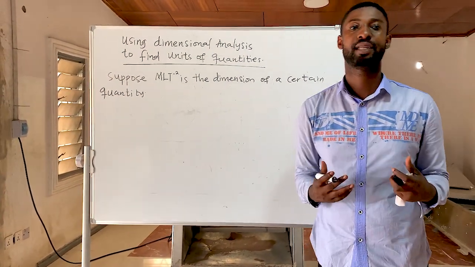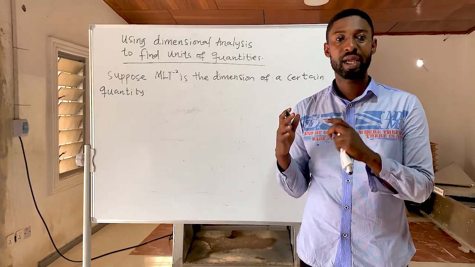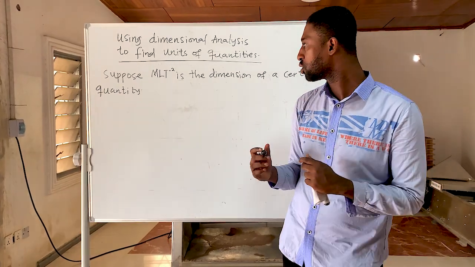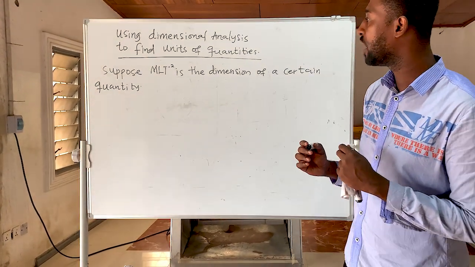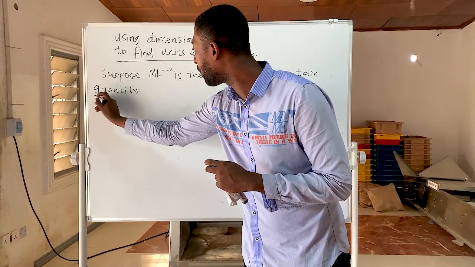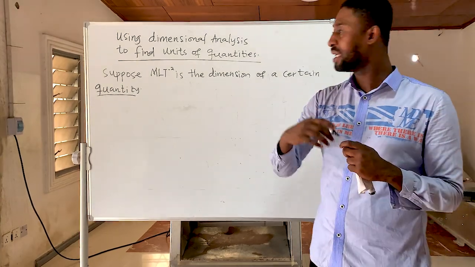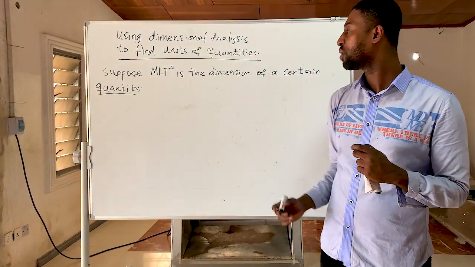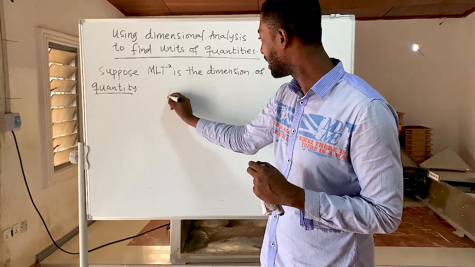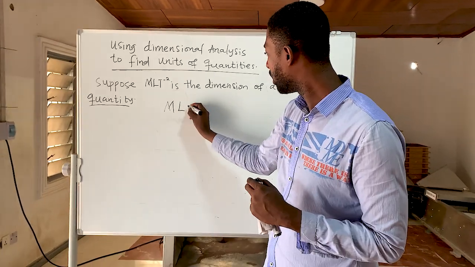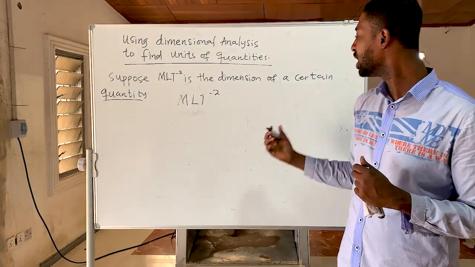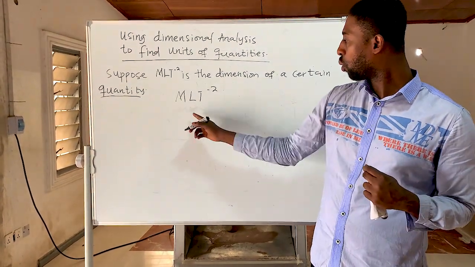Okay, so using dimensional analysis to find the unit of quantities. If we have the dimension of a particular quantity, based on the dimension, you should be able to write the unit. Suppose MLT minus 2 is the dimension of a certain quantity. We don't even know the particular quantity they are talking about, and they want us to find its unit.